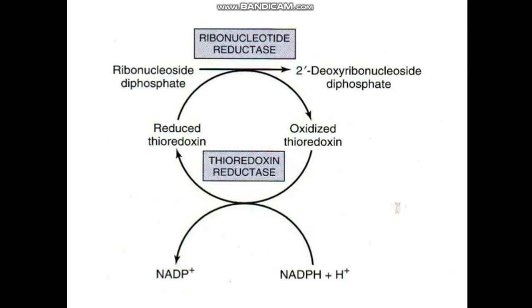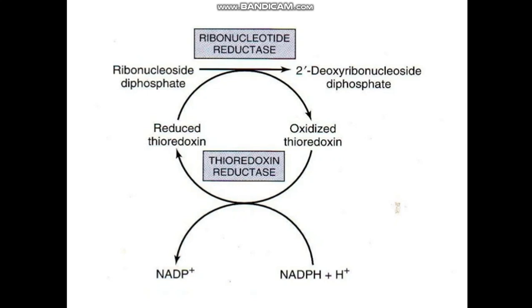What happens? How are the deoxyribonucleoside diphosphates synthesized? Ribonucleoside diphosphate is acted upon by ribonucleotide reductase enzyme, which needs reduced thioredoxin. And this thioredoxin, after reaction, is converted to oxidized thioredoxin.